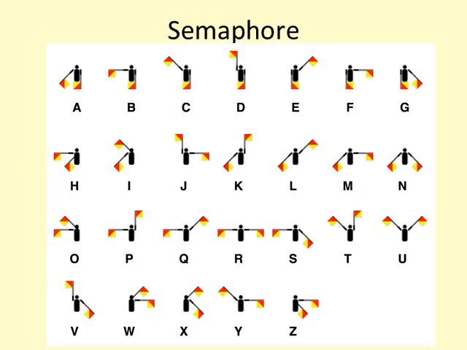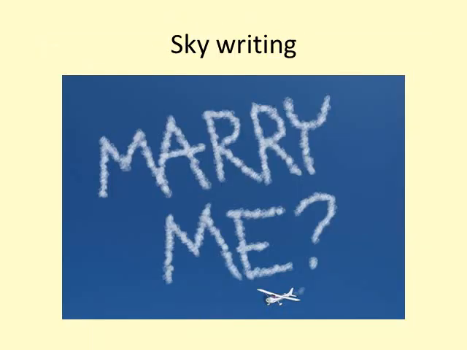This is semaphore, which is communicating through flags. Although it would be difficult to do, you could make an offer through semaphore. And skywriting, there you have an offer of sorts in order to get into a contractual relationship. Although an unusual method, you could make an offer, indicate your willingness to be bound through skywriting.